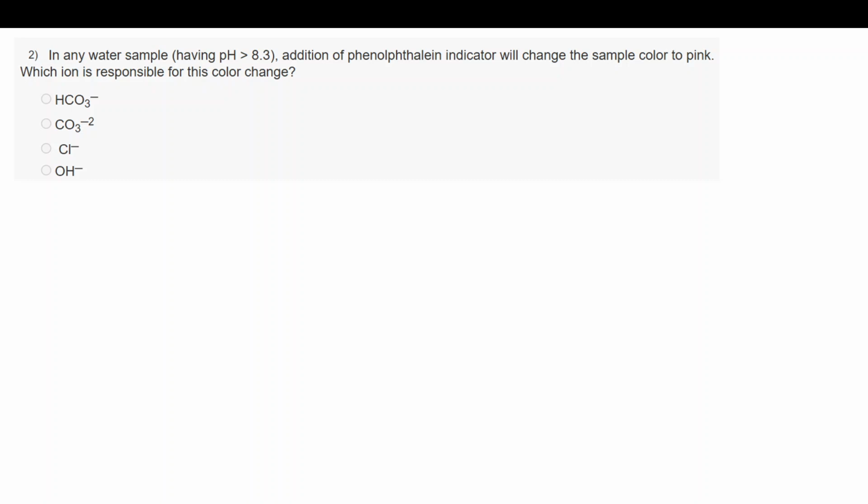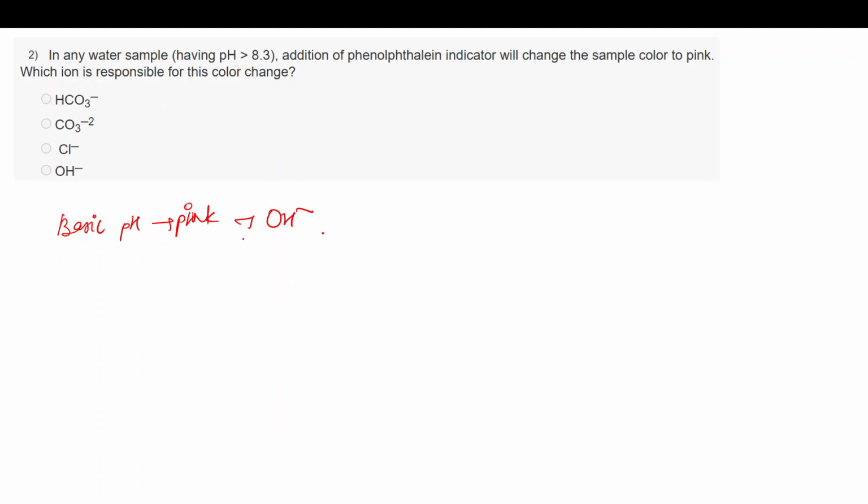If any water sample having pH greater than 8.3, addition of phenolphthalein indicator will change the color to pink. Which ion is responsible for the color change? Okay, so in the basic pH, it gives pink color, which is because of the OH minus ions, right? So the correct answer here is OH minus ions.